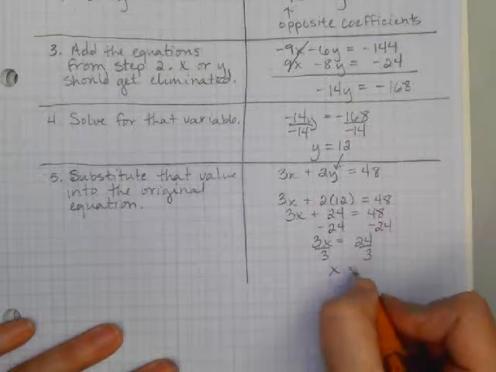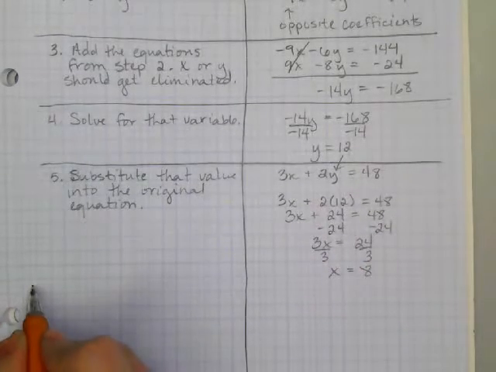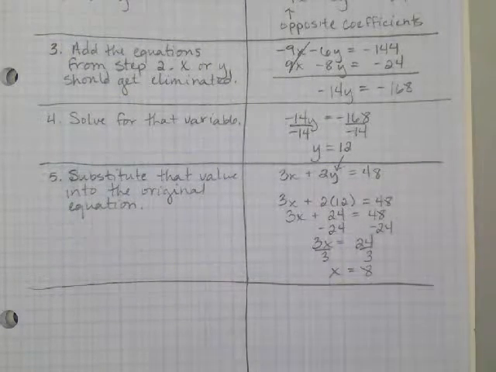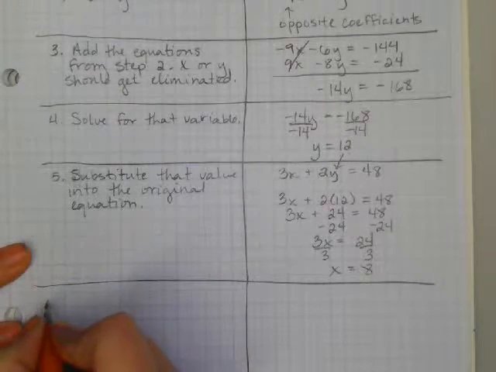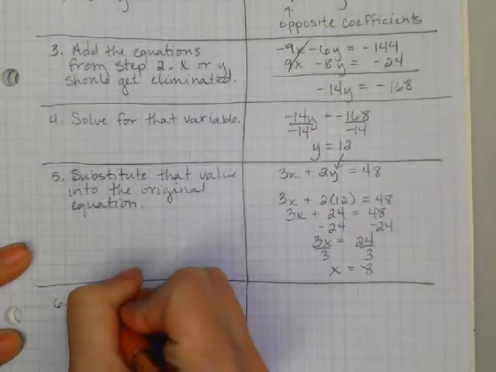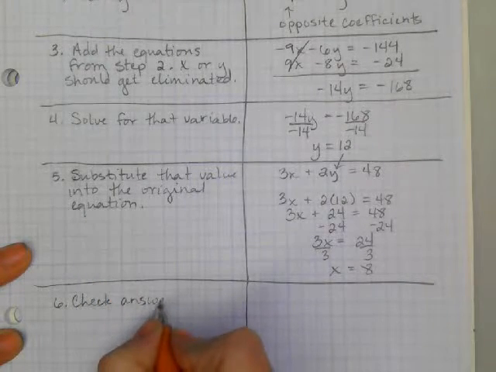So I'm going to use my second equation, negative 8y plus 9x equals negative 24. So negative 8, and instead of y, I'm going to put 12, plus 9, and instead of x, I'm going to put 8, equals negative 24.